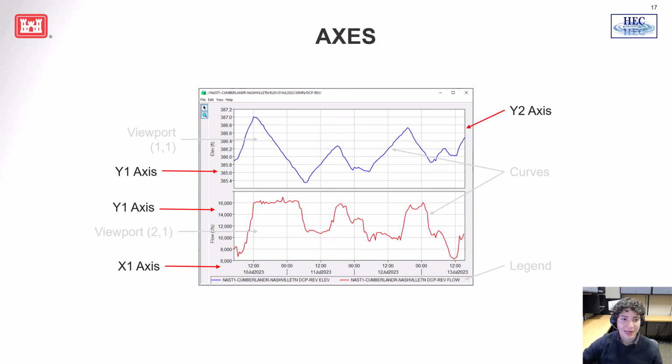So where we can have two distinct y-axes for each viewport, we can only have one x-axis that's shared between all viewports within that column. The x-axis can represent time, which is standard for most time series, but it also has the functionality to represent any other data for different paired data objects stored within DSS files.